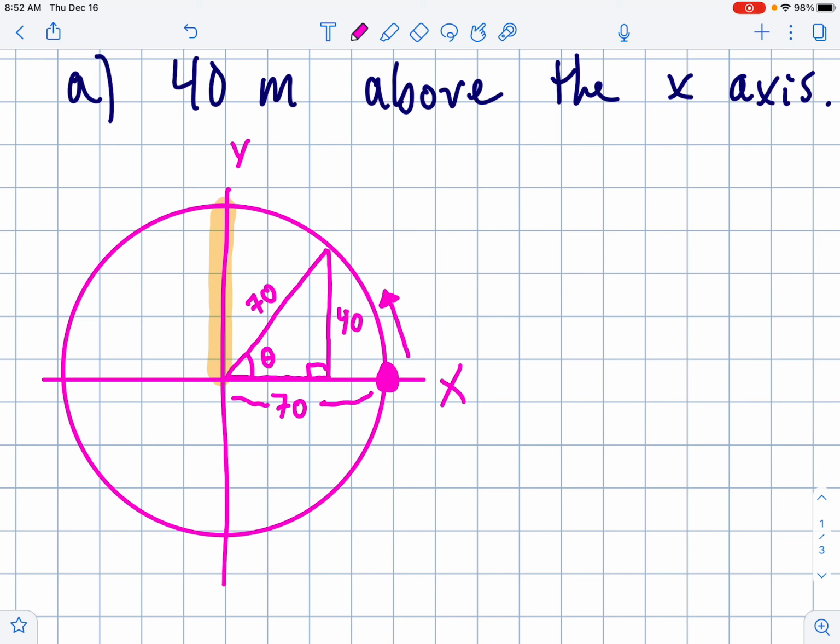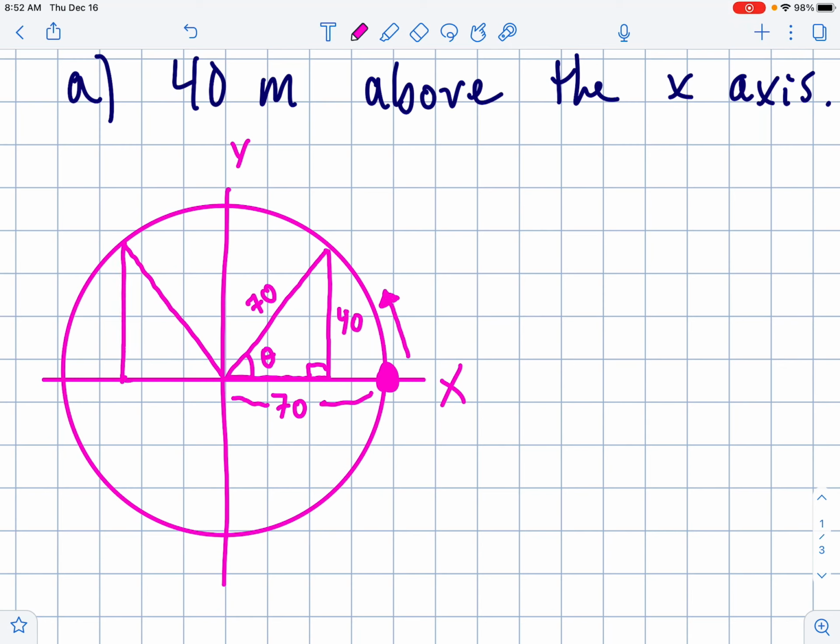Now, we need to find that theta for when it has a height of 40 off the x-axis, but that is not the only place where this happens. There's going to be another spot. If you picture taking this triangle right here, or this quadrant, and then flipping it over into this quadrant. Whoops. There's going to be a matching one on this side.